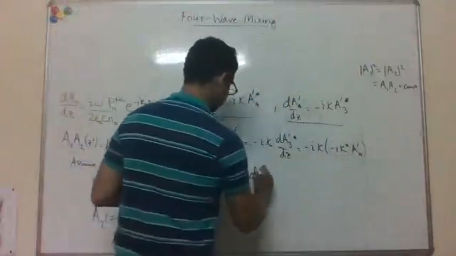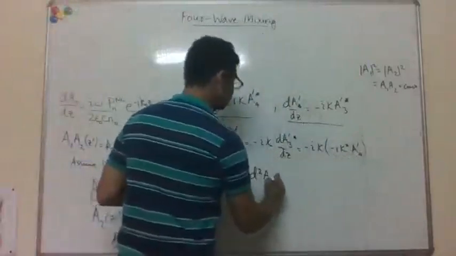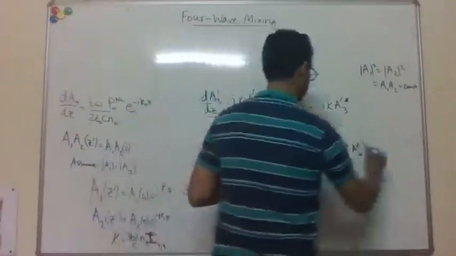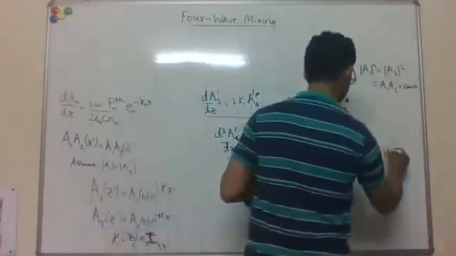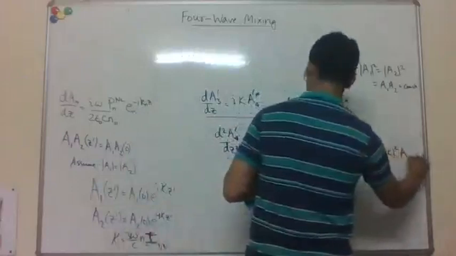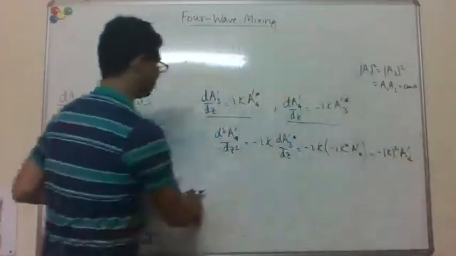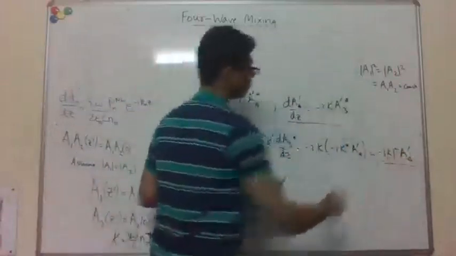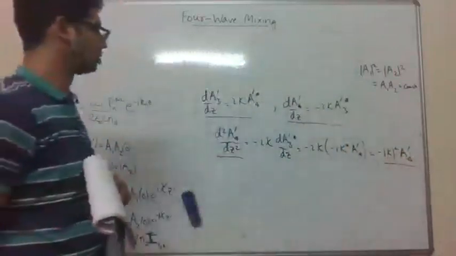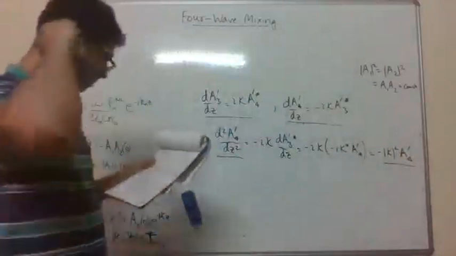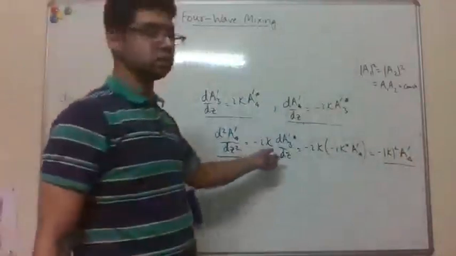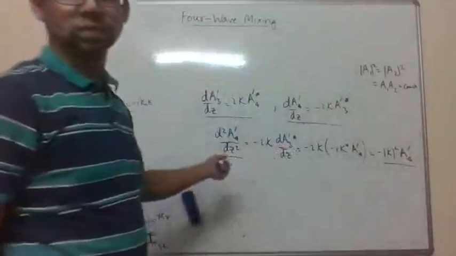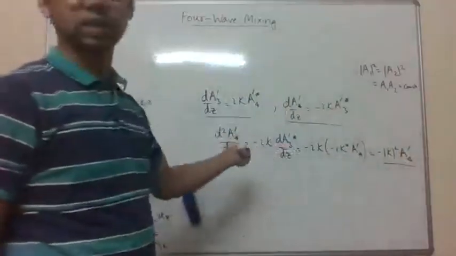Right. So basically, the equation becomes d square A4 by dz square is minus mod kappa square A4. So the solutions are sines and cosines, right?